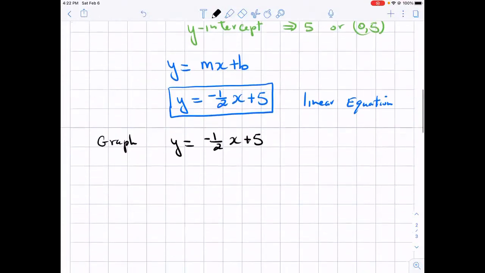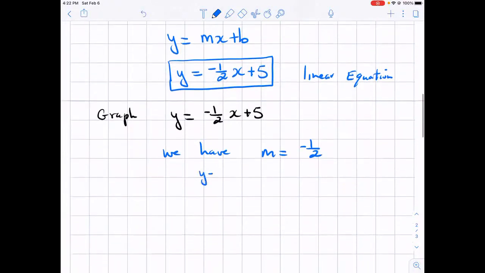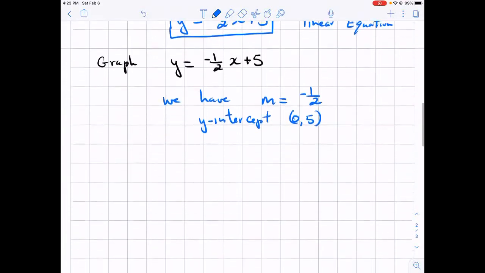Remember, we have m, which is minus 1/2, and we have the y-intercept, which is (0, 5). And we have a video showing how to graph lines.